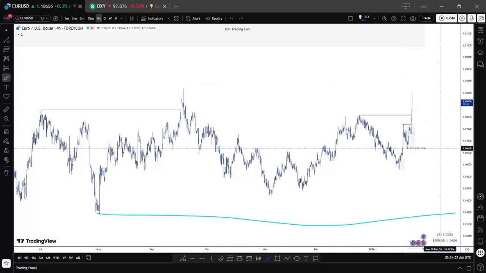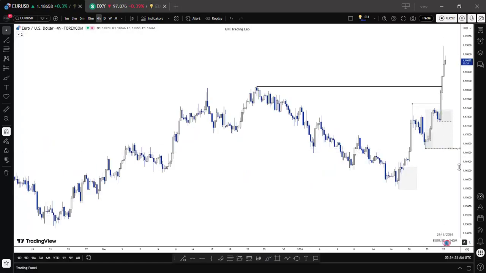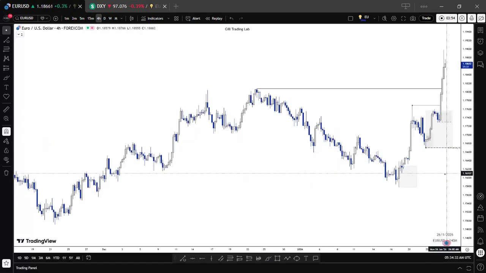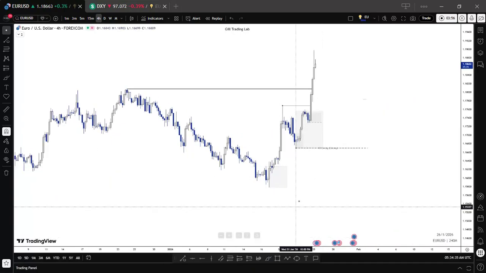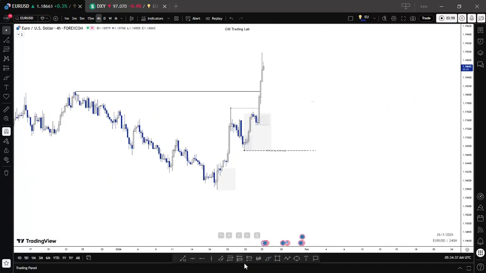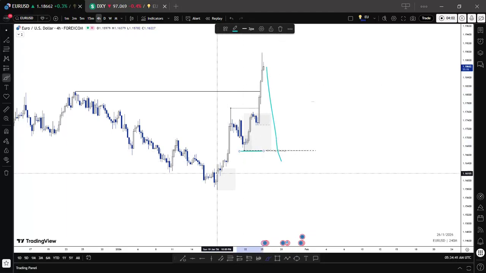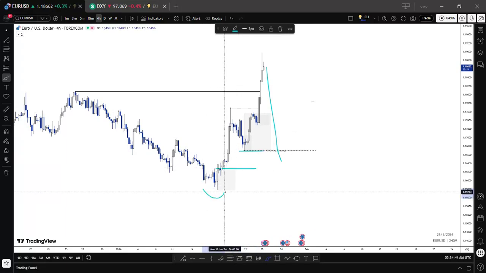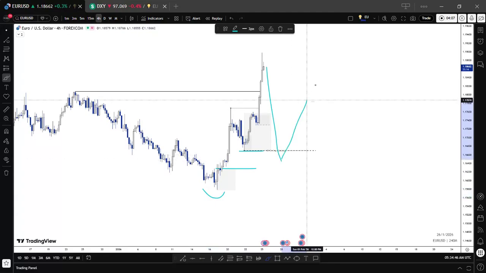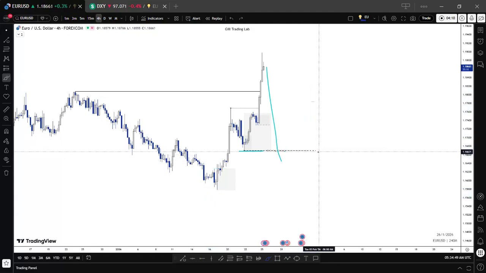As long as you know how to read price, that's all that matters. Like here, if we get a break of this low, it's a signal for price to pull back to this low. That's all. As long as you know how to read price, that's all that matters.